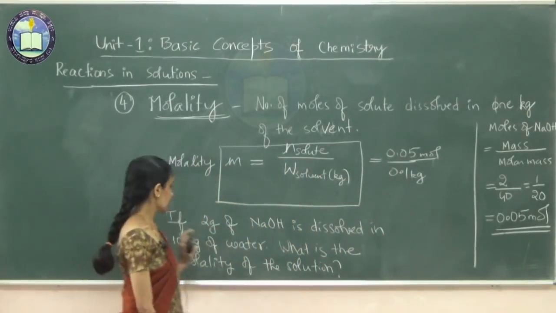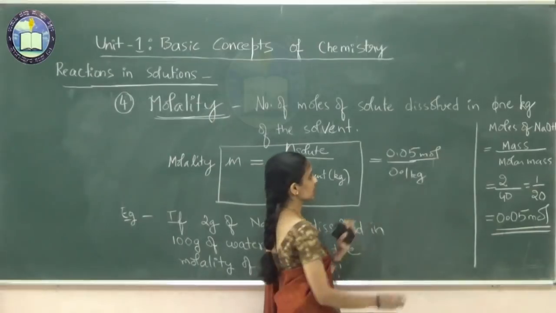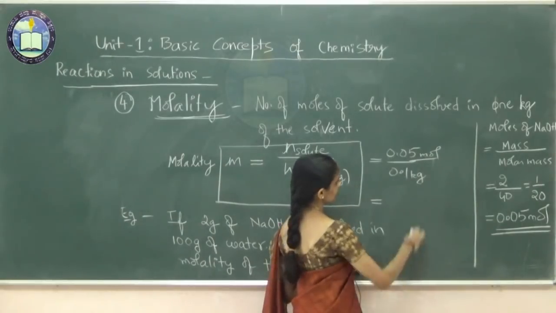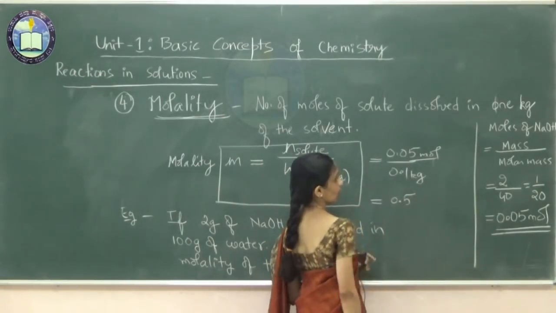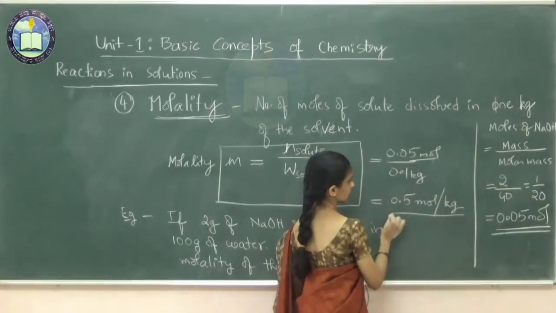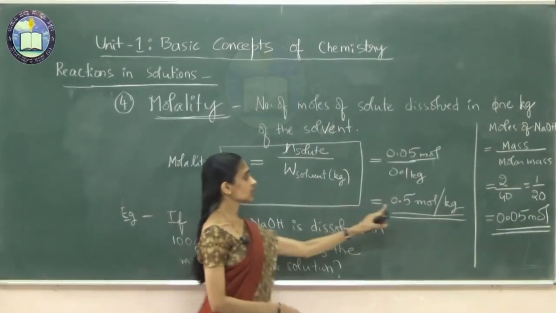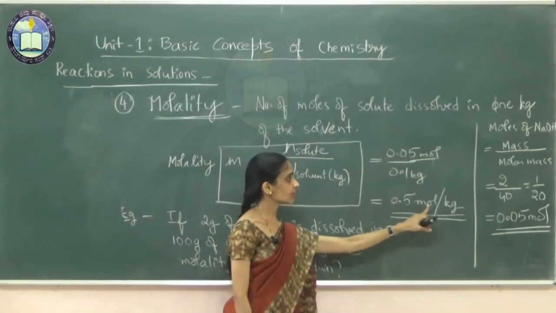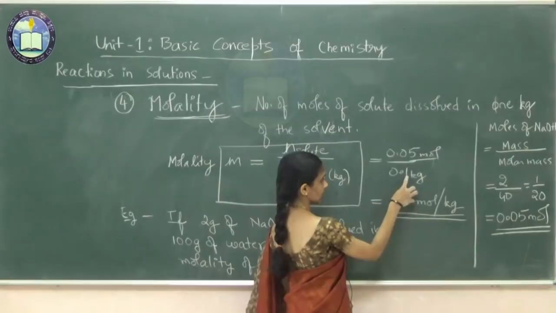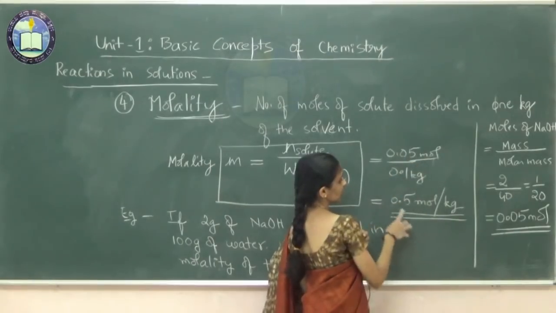Here also, while converting grams to kg, divide by 1000. You get 0.1 kg. So this will give you the final answer as 0.5 mole per kg. Okay. So what is the molality of the solution? It is 0.5 mole per kg. Dividing by 0.1 is nothing but multiplying by 10.